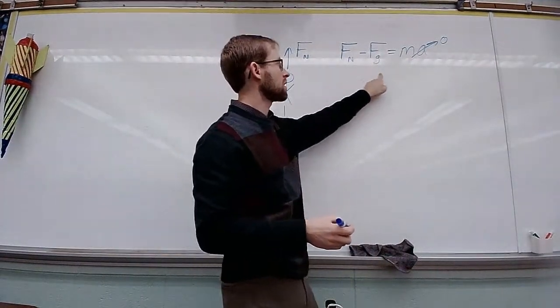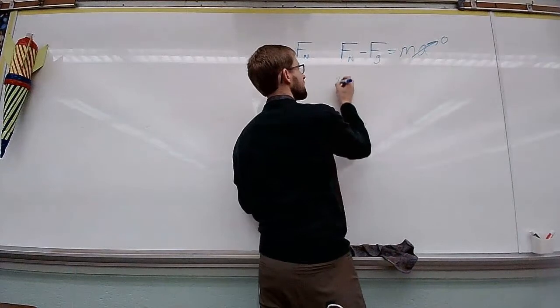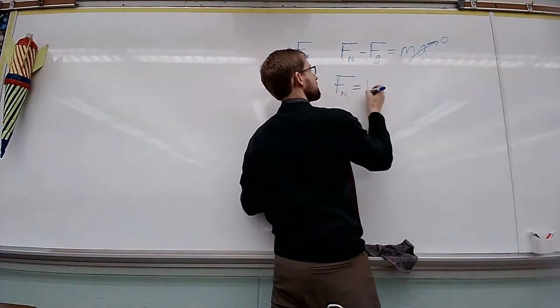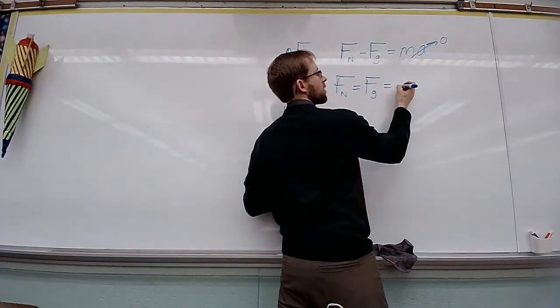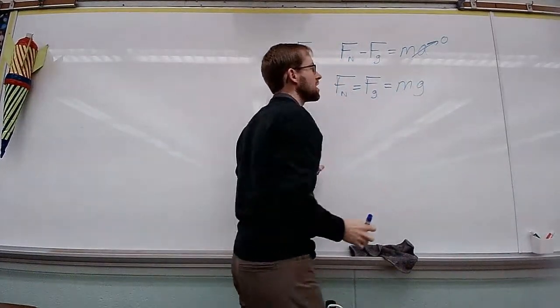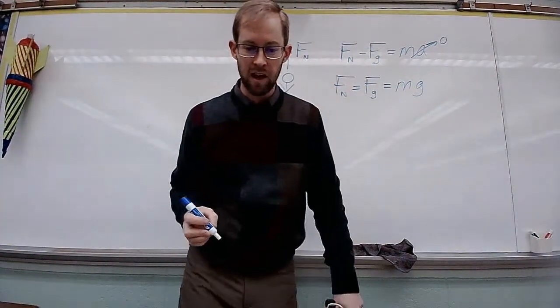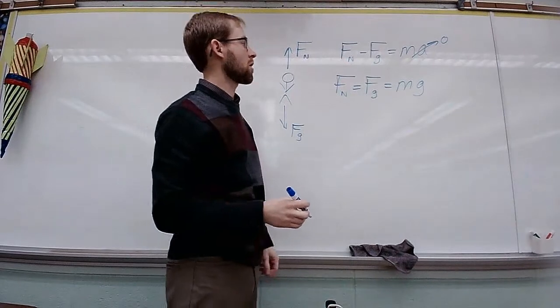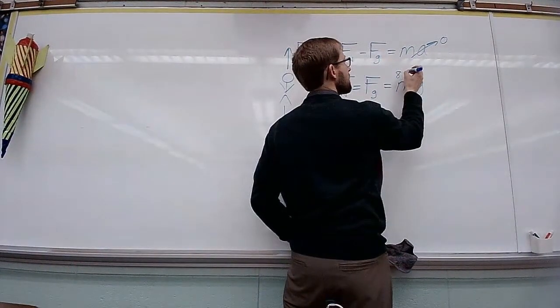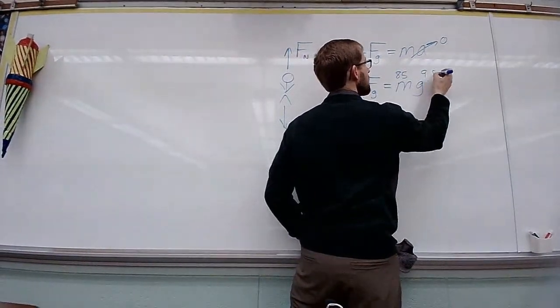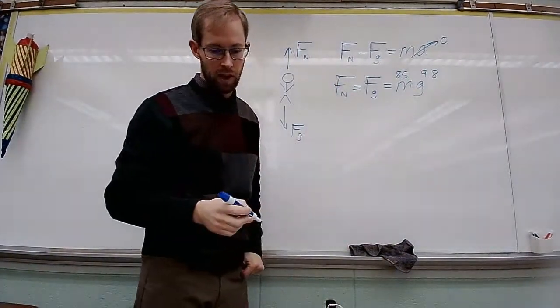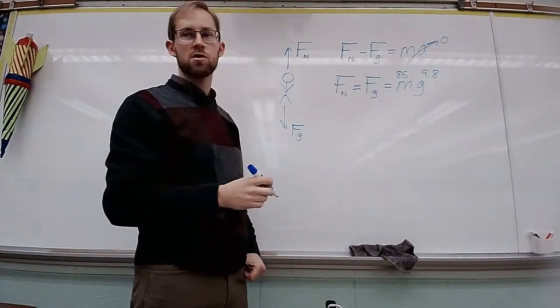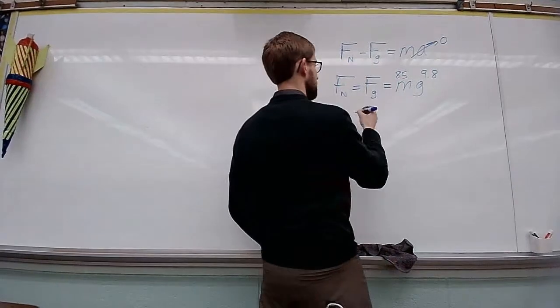You know, it's like moving this to the other side of the equation. And force of gravity is equal to mg. The mass is given as 85. G, of course, is 9.8. And when you do that multiplication, you're going to get 833 newtons for this.